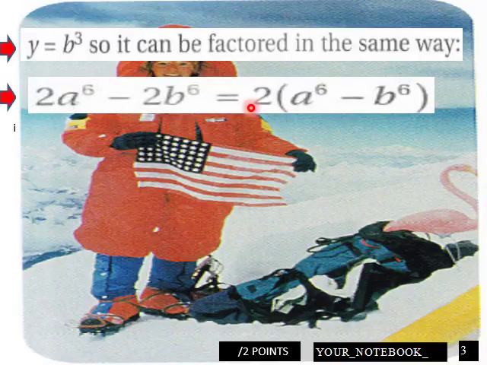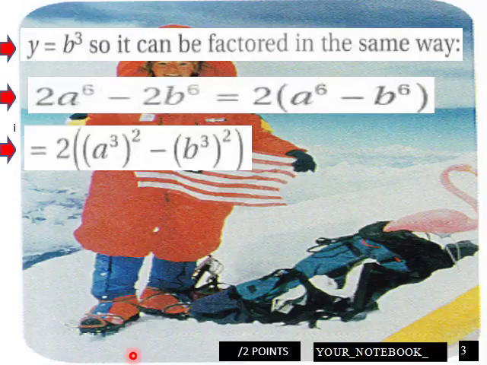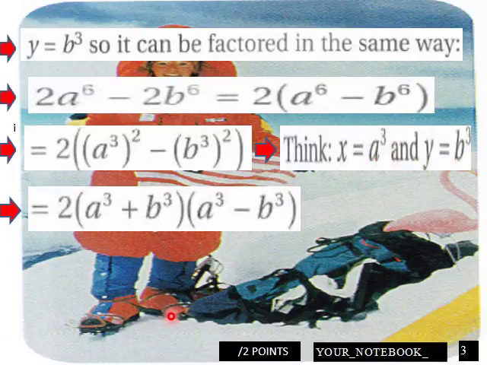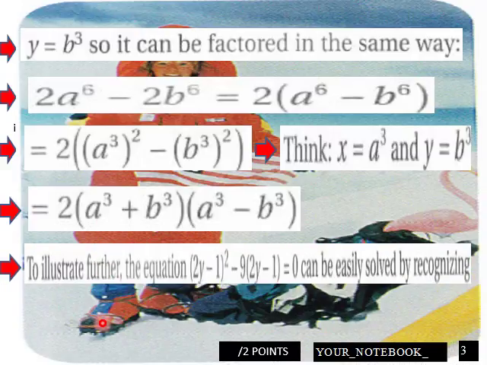We can factor out 2, and then factor out a square from these two. Think x equals a cubed and y equals b cubed. So this would equal 2 times this here. It's a difference of cubes.